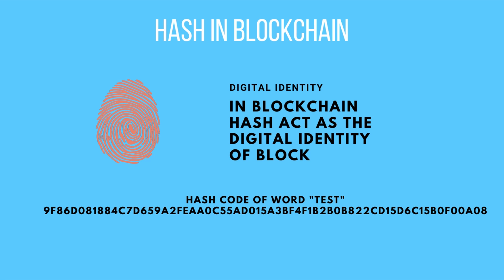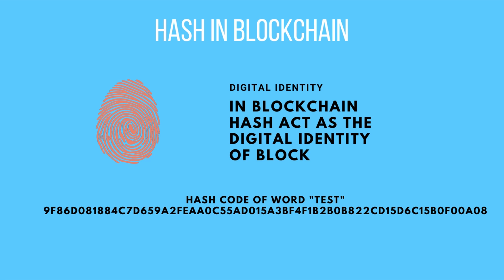Whenever anything is inserted inside the blockchain, the system will generate a hash code which is unique to each and every value. If we store something in one block, the blockchain will generate one unique identity code called the hash for that block, and it will be unique in the entire blockchain. No two blocks have the same hash code.